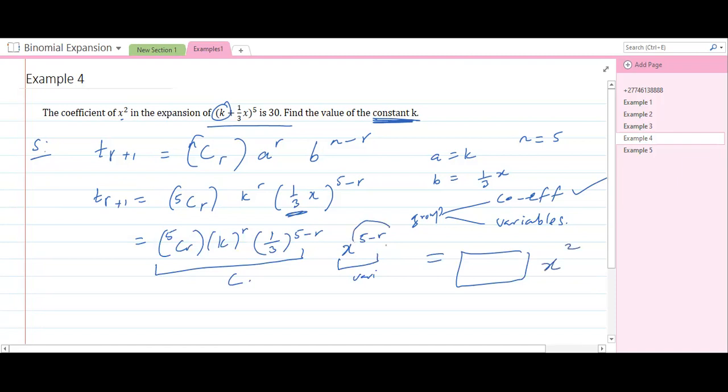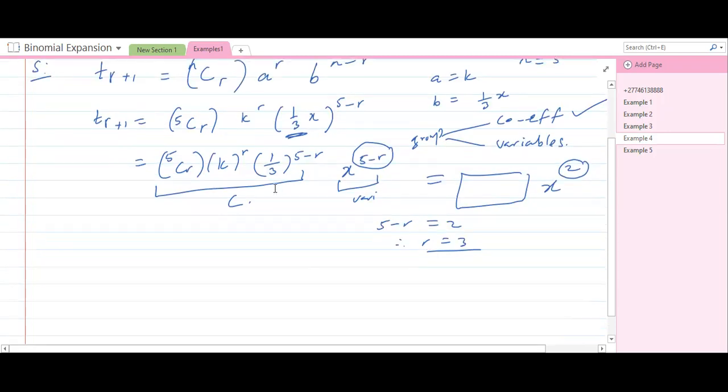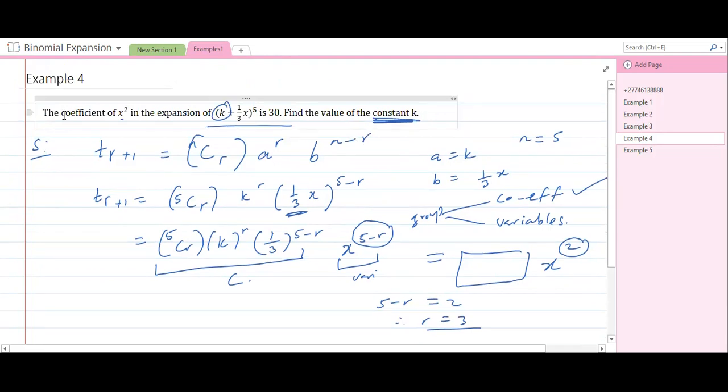So if we equate these, 5 minus r is equal to 2, therefore r is equal to 3. r will be equal to 3 because the coefficient of x squared in the expansion of this is equal to 30.